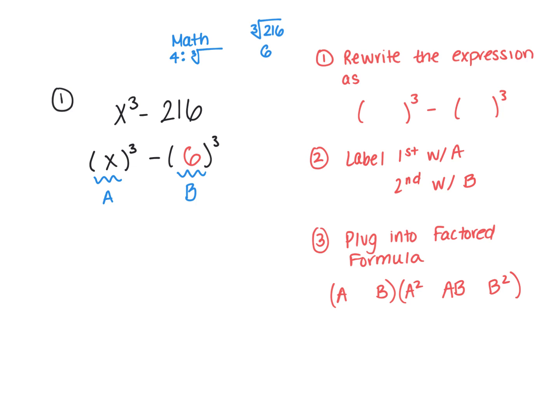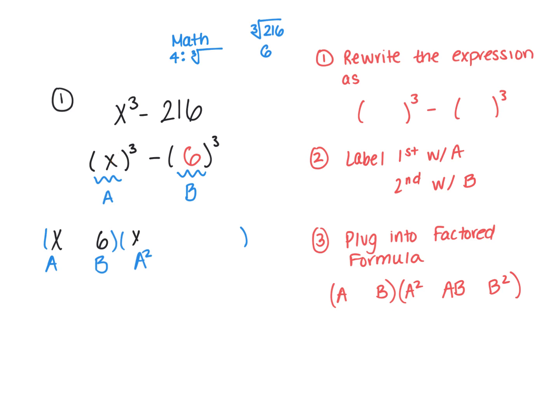So let's do it. So we have a small parenthesis, then we have a long parenthesis. The small parenthesis gets A and B. So A is X, and B is 6, so I'm going to put 6 here. And then in the long parenthesis, I do A squared, so I'm going to take X and square it.